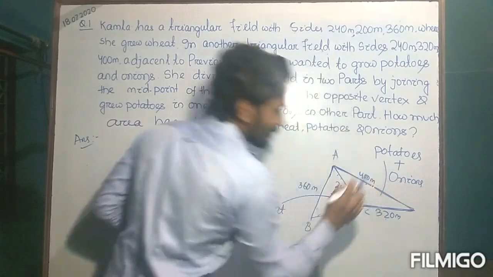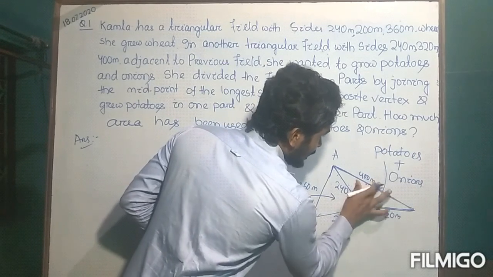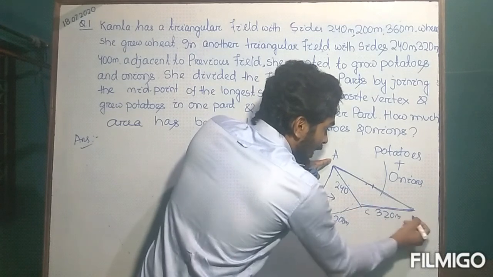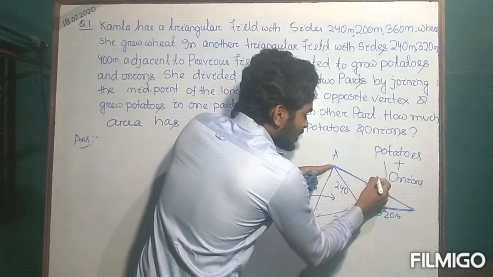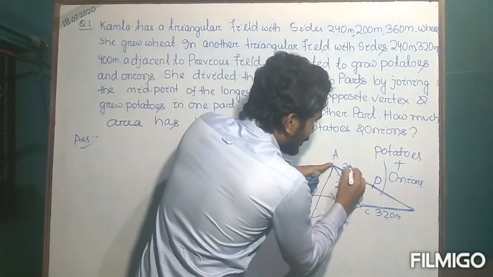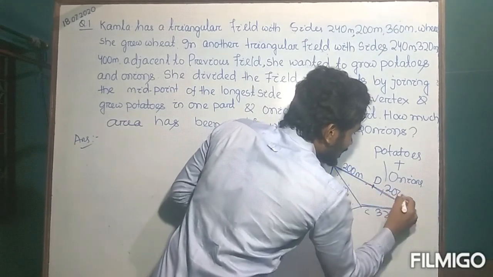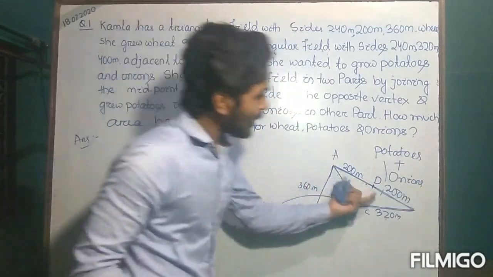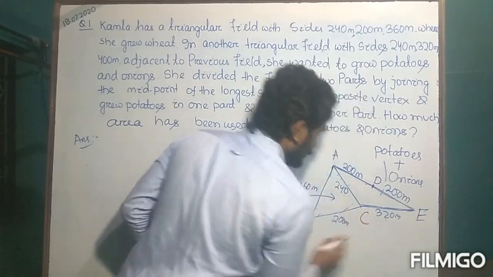Suppose this is the midpoint D. Since the total is 400 meter, this distance is 200 meter and this distance is again 200 meter, because 400 is divided into two parts, 200, 200. Suppose this is E.